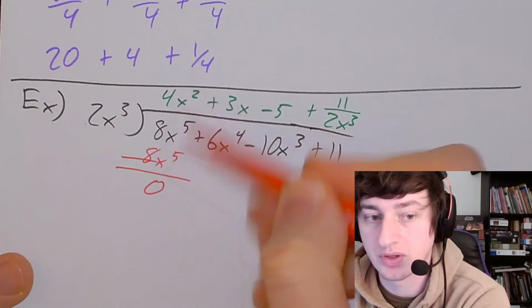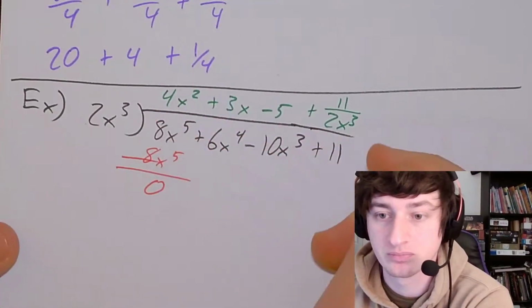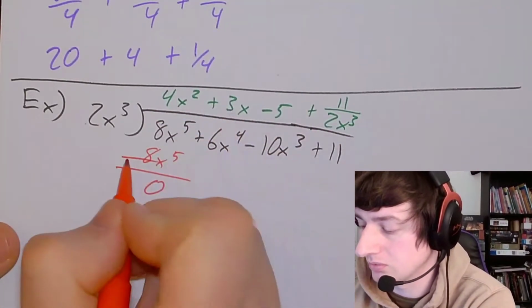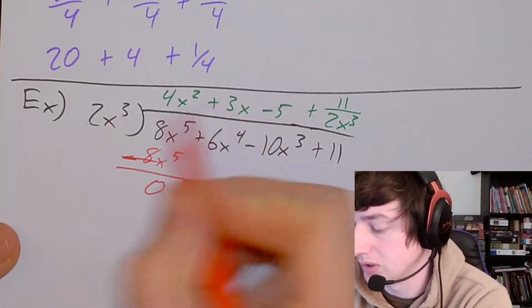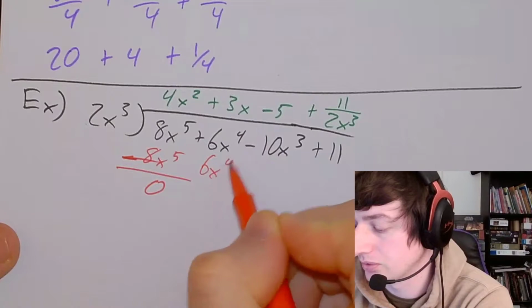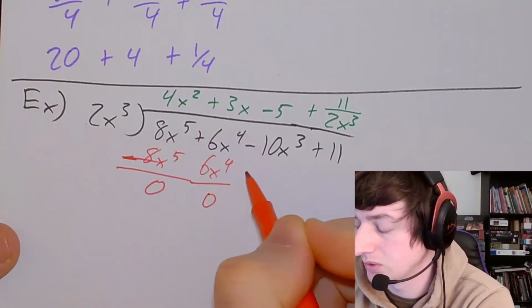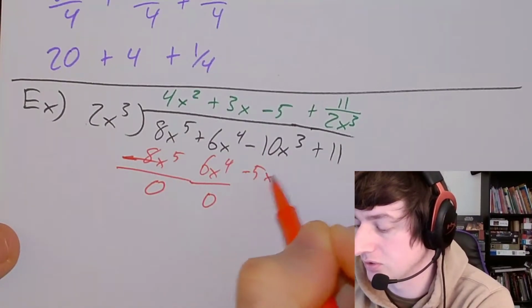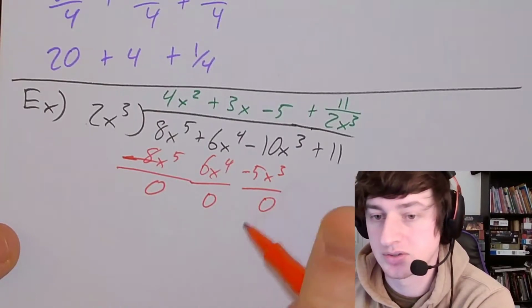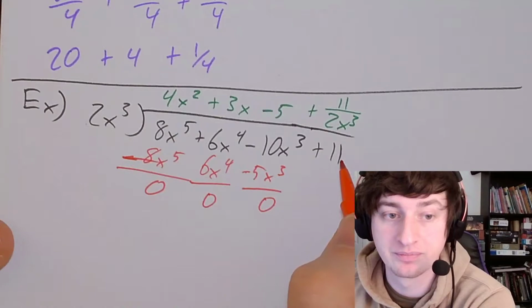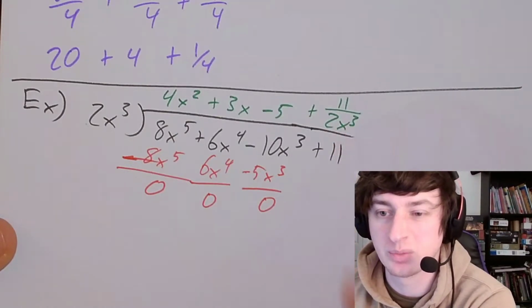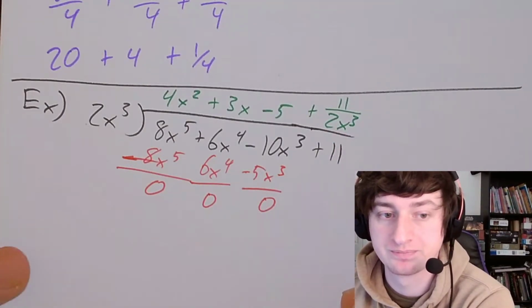The first things should cancel to 0. Okay. We'll come back to that in a second. But all of these multiply to be, well, okay, so we get 6x to the 4th. That subtracts to 0. We get a minus 5x cubed. That's going to subtract to 0. And then we have the remainder of the 11, because that doesn't get divided by 2x cubed perfectly.